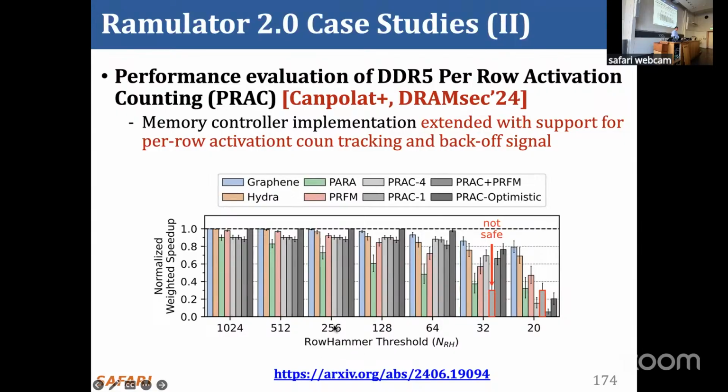For example, at RowHammer thresholds greater than 64, maybe greater than 256, the solution that's proposed by industry, if it's configured accurately, is okay, maybe. But once we go into RowHammer thresholds that are really small, which is what technology scaling is bringing us, maybe these solutions are actually pretty bad, as you can see. This is the normalized weighted speedup, essentially normalized performance. Ideally, you want to be at 1. You don't lose performance. But if you look over here, you lose a lot of performance with existing solutions. So this also shows that existing solutions by industry are not scalable. And again, the only way to do this is by using simulation.